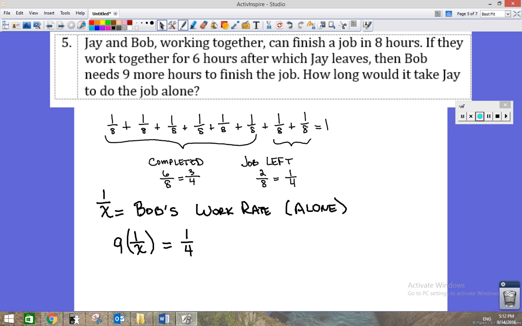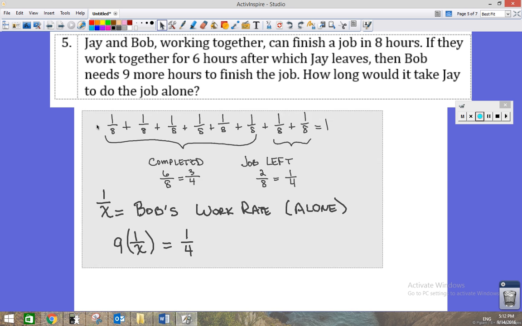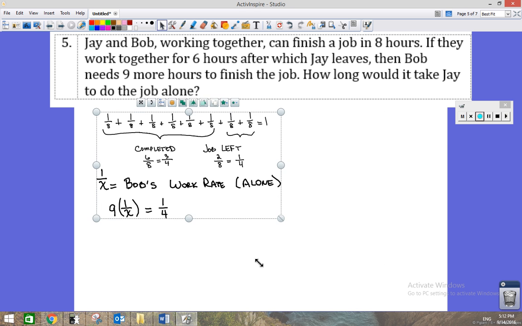Okay, so that means that if Bob had worked alone, it would have taken him 36 hours, right? Cross multiply, I can write this 9 as 9/1, and 9 times 1 is 9.